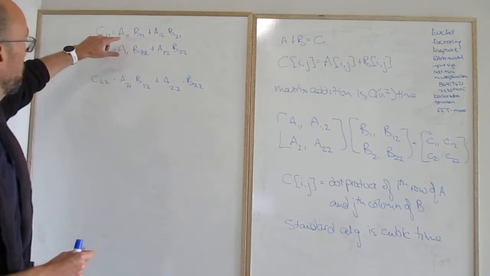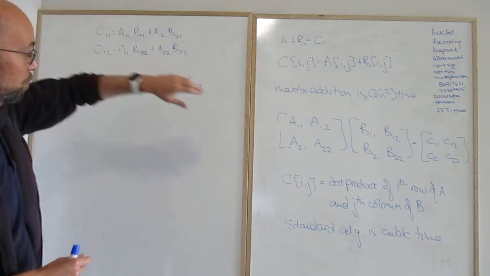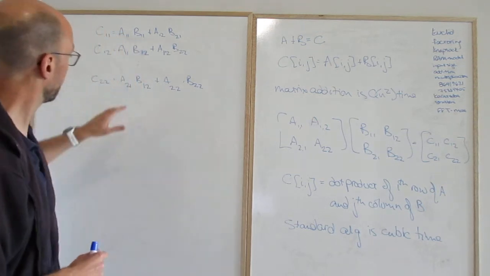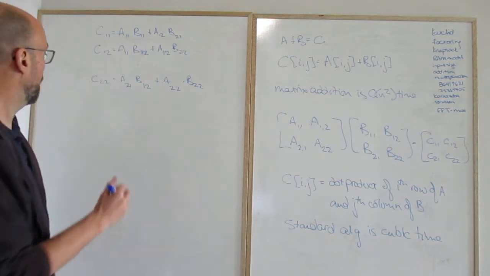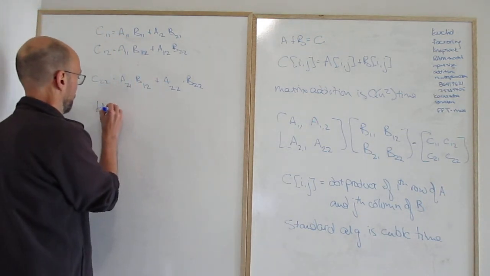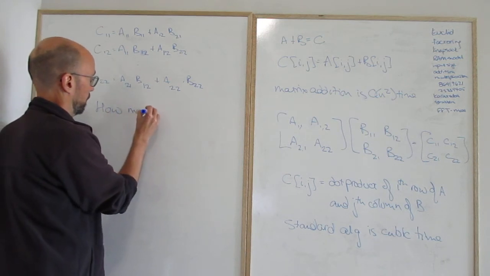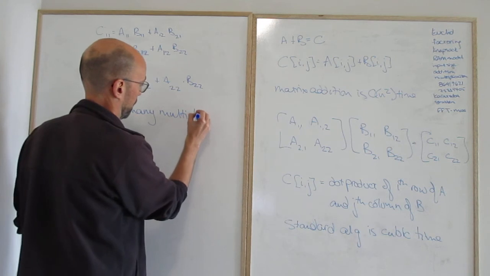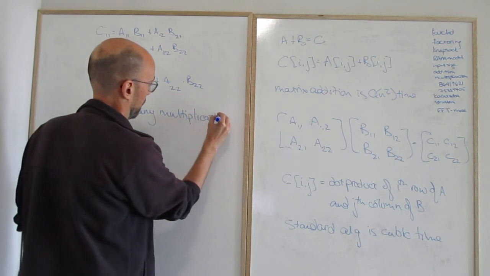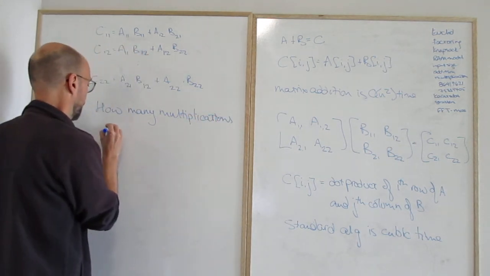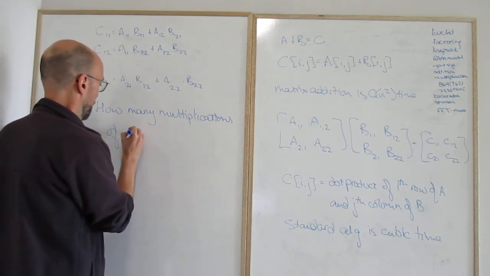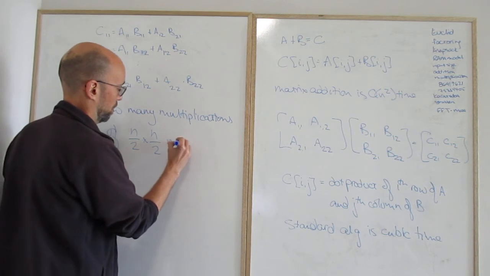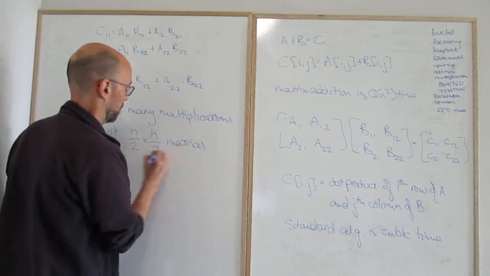So this requires 4 submatrices of size n over 2 by n over 2. So how many multiplications of n over 2 by n over 2 matrices do we use?